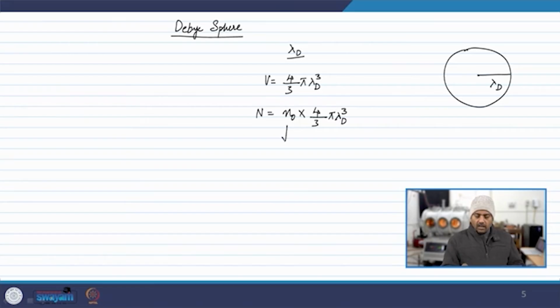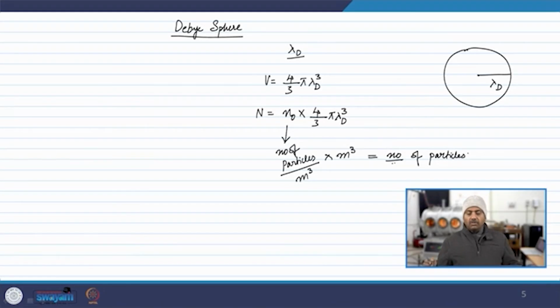See, n naught is in units of number of particles per unit volume. That means you have volume in the denominator, and when you multiply this with volume, what you get is the number of particles. We are actually looking to find out the number of particles inside the Debye sphere.